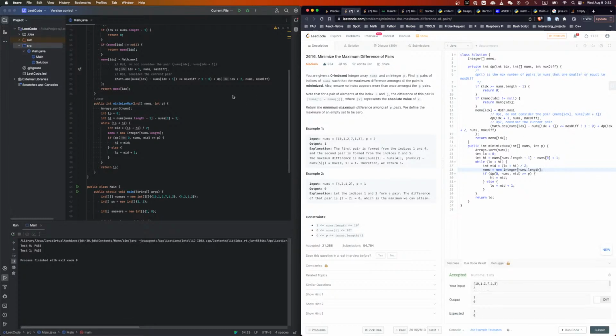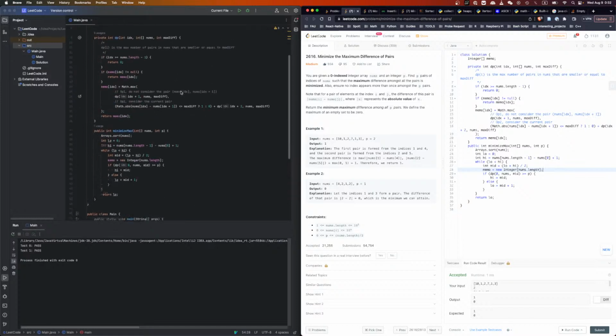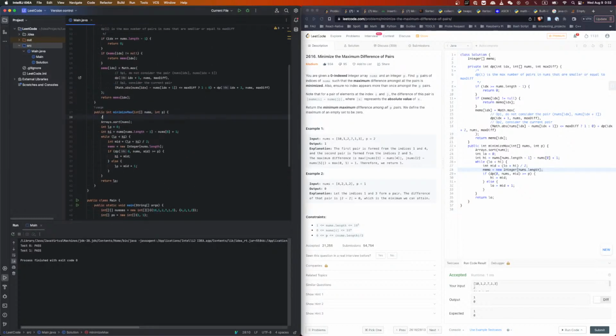All right, I think we can write some notes here. 2616. Use binary search to find the min max diff, and use DP to find the max number of pairs that can satisfy the current diff, right?